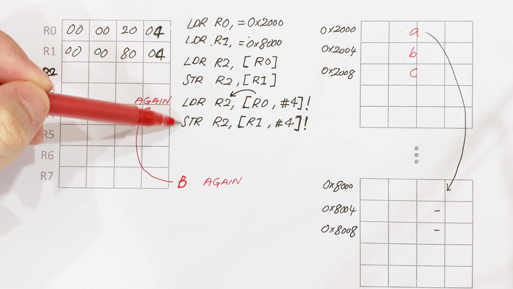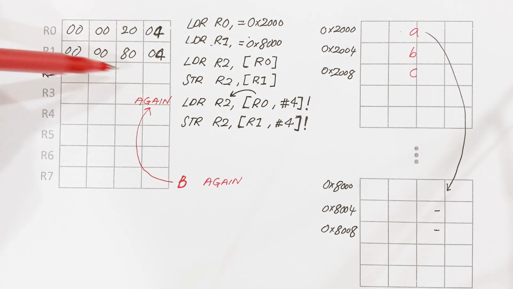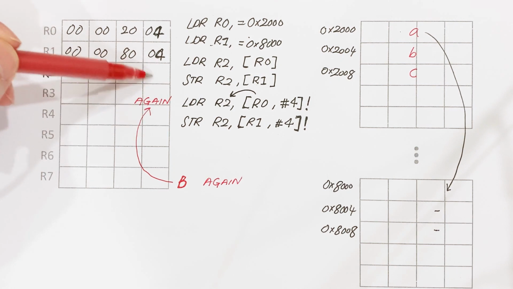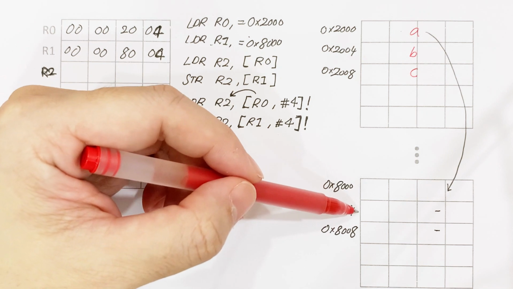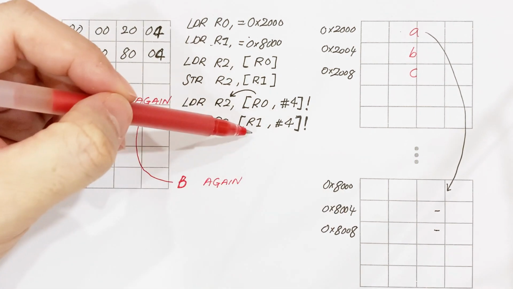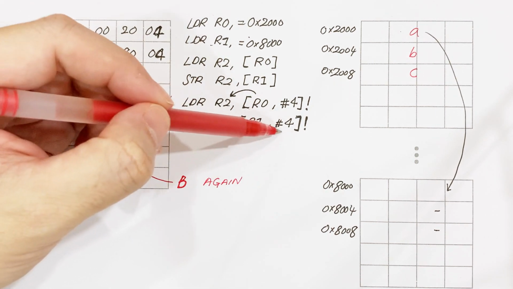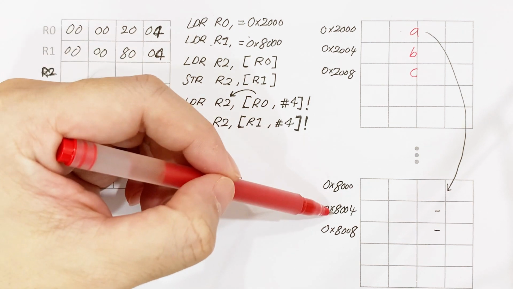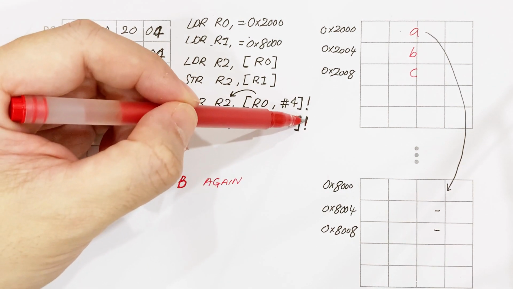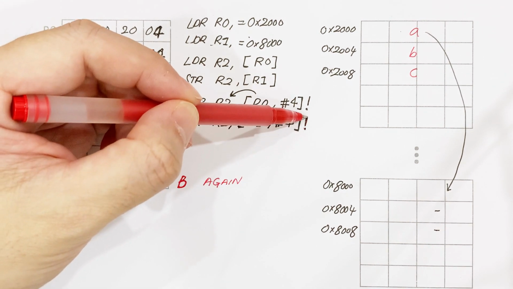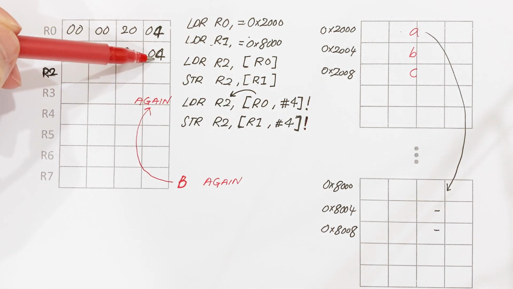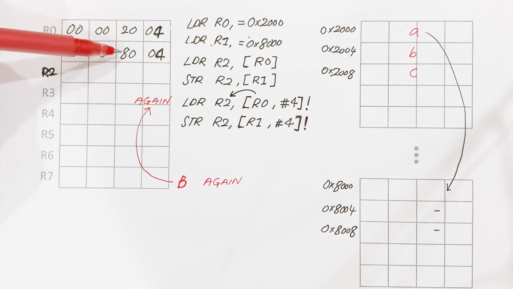And after that, at the same time, we also store the value from register 2 to the new memory location, and the address is given by R1 plus 4, which is 8004. And after we move the value, we're going to change R1 from 8000 to 8004.